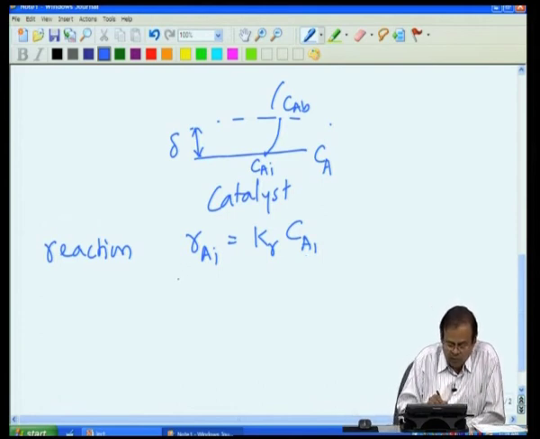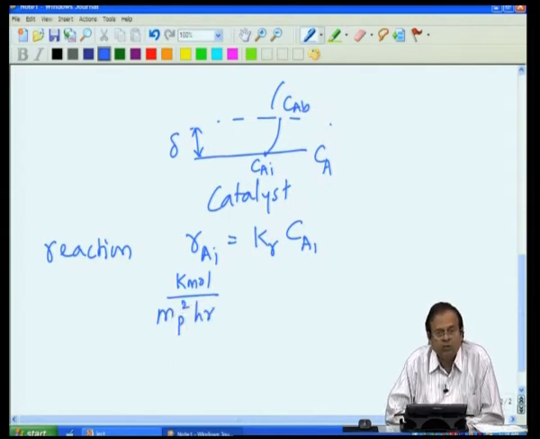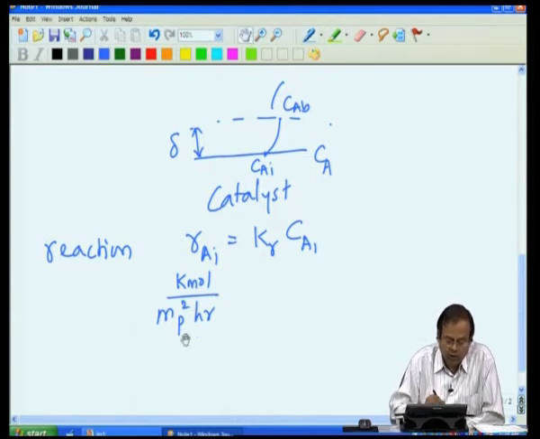We should keep in mind that the units of rate are, let us say, kilomoles per meter square of the particle, because we are talking of surface area of the particle. So, that is why that subscript P over here, per hour.